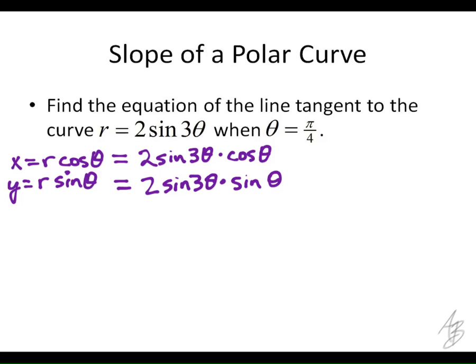Now we want to find dy dx. So the next thing we're going to have to do is what? Take derivatives. So we're going to do dx d theta. And to find dx d theta, what are we going to have to use here to take the derivative of this? Product rule. So the derivative of the first is what? What's the derivative of 2 sine of 3 theta?